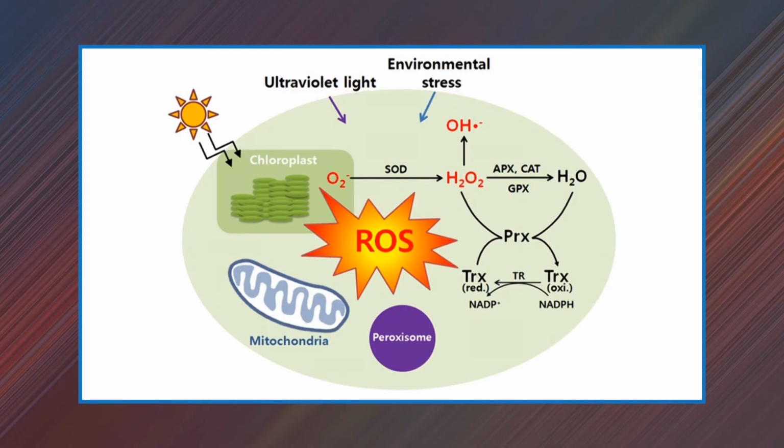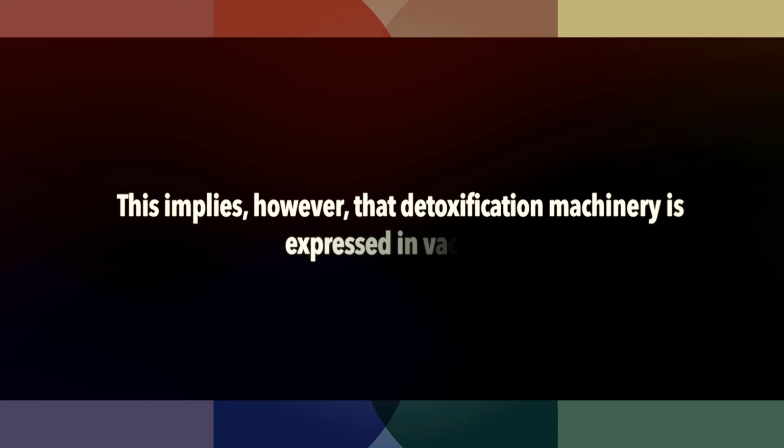Among ROS, H2O2 has a relatively long lifetime, and its import by tonoplast intrinsic proteins into the vacuole may efficiently contribute to ROS detoxification. This implies, however, that a detoxification machinery is expressed in vacuoles.